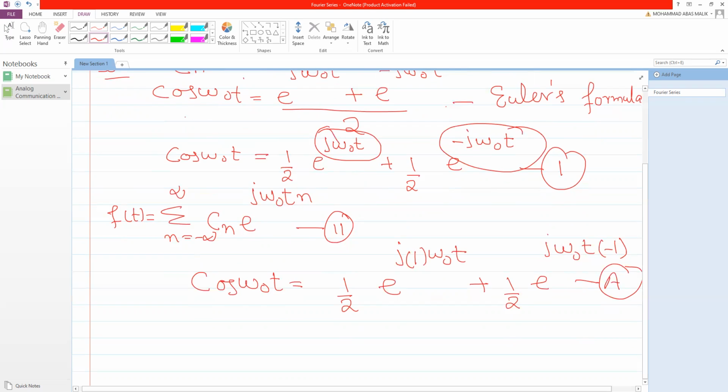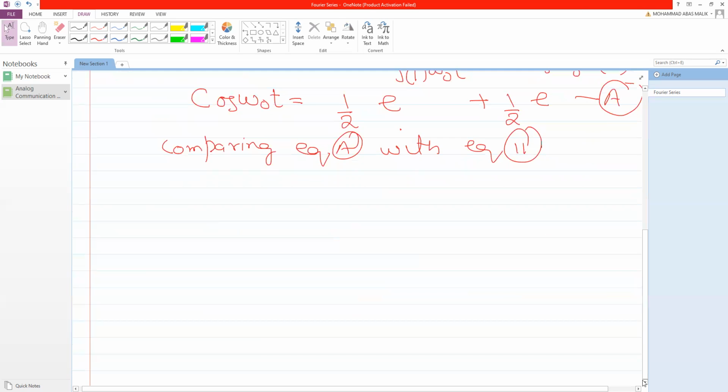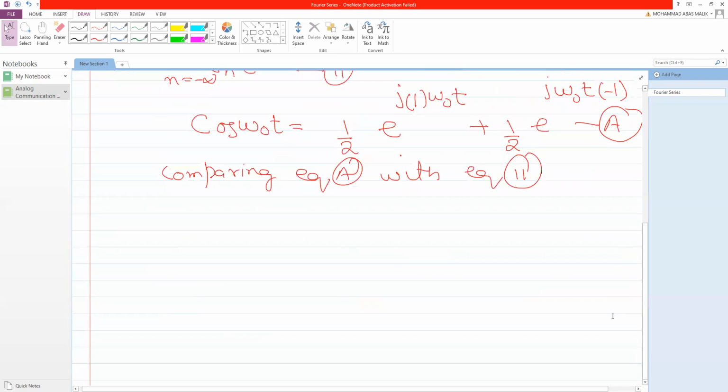Compare equation second and this. Comparing equation A with equation second, now tell me the value.